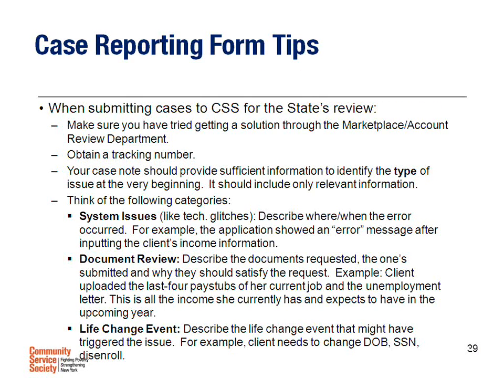But at least when the state gets our cases, they can pre-screen them quickly and let us know if we're missing something or there's other information that they need from us in order to process. Another category may create a little bit of confusion because we know about life-change events, but the life-change event that I'm referring to here is when someone's information changes, like Social Security.